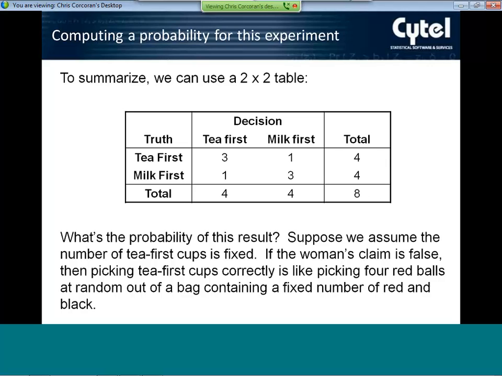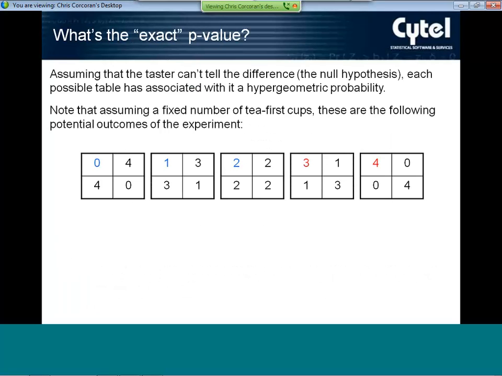And so using that hypergeometric distribution that we talked about in the previous slide, we can compute a probability. In fact, it allows us to compute probabilities for all 5 possible outcomes of this experiment. Each one of these is one of the 5 potential outcomes, and each one has an associated probability based on that hypergeometric distribution. So if she were to pick 3 out of 4 correctly, you can see that the probability of that is about 23%.